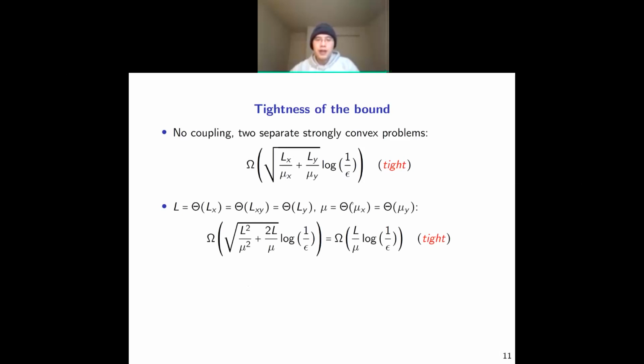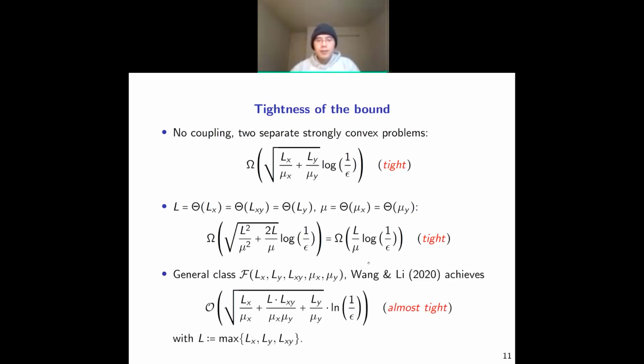For another special case, where all the L's are of similar order and all the mu's are also of similar order, with no extreme imbalance between these parameters, we can simplify the lower bound to this. If you remember, this bound is achieved by extragradient and dual extrapolation methods. So under this special case, our lower bound is tight.